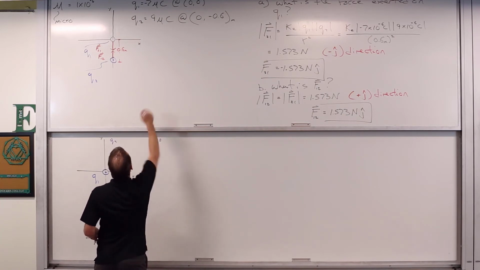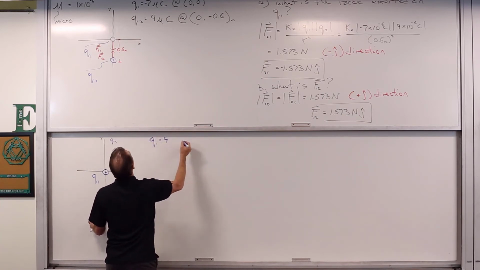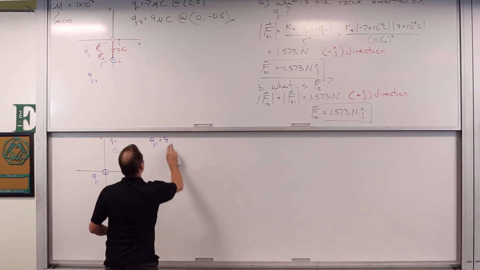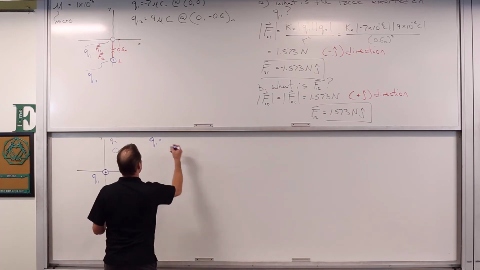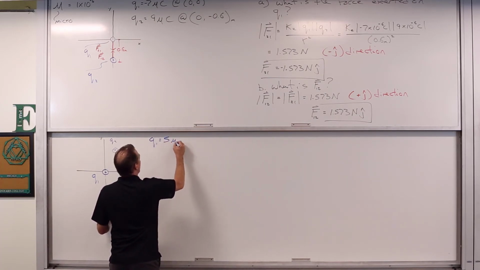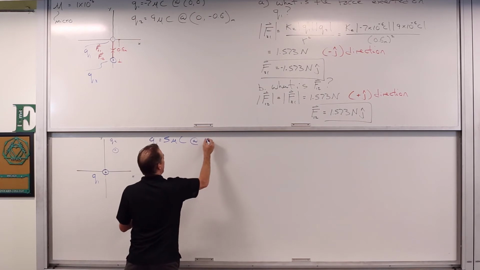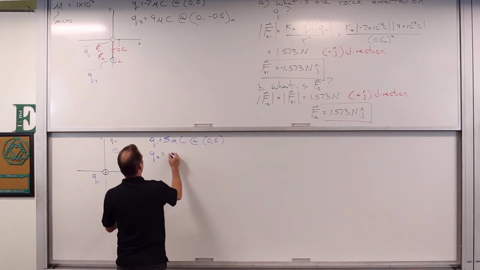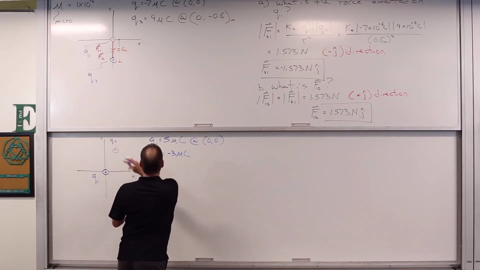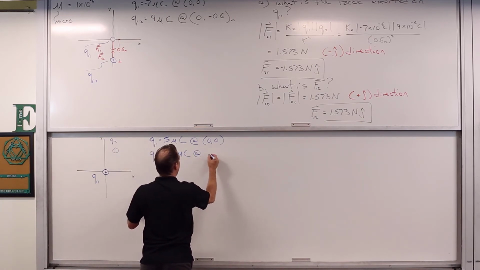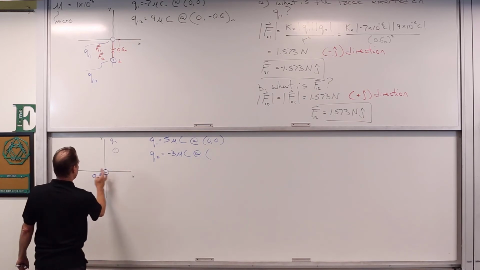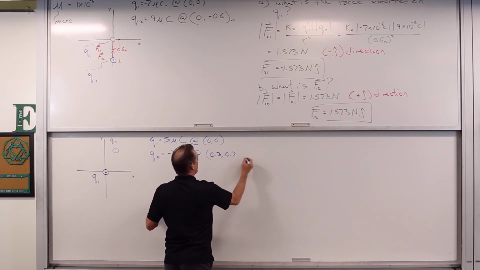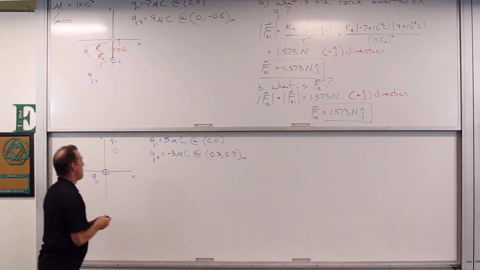We'll say that Q1 is, let's stick with the same amounts. No, we changed the order. Let's use different amounts. That's fine. So let's say that Q1 is equal to 5 microcoulombs, and it is at the origin 0, 0, and that Q2 is going to be equal to negative 3 microcoulombs, again because it's negative, and we're going to put it at, let's say, 0.3, 0.7, and again that's in meters.